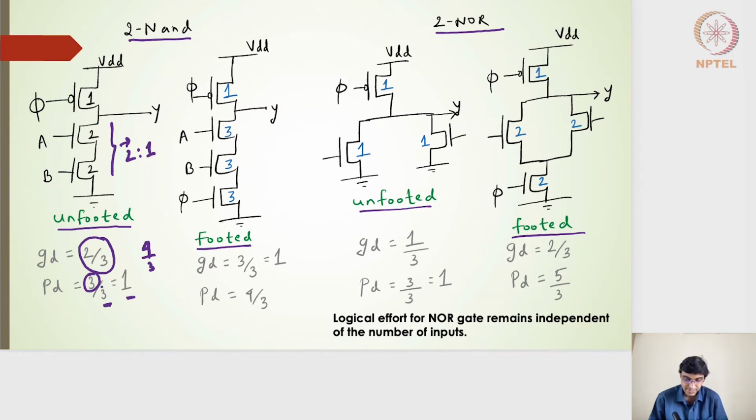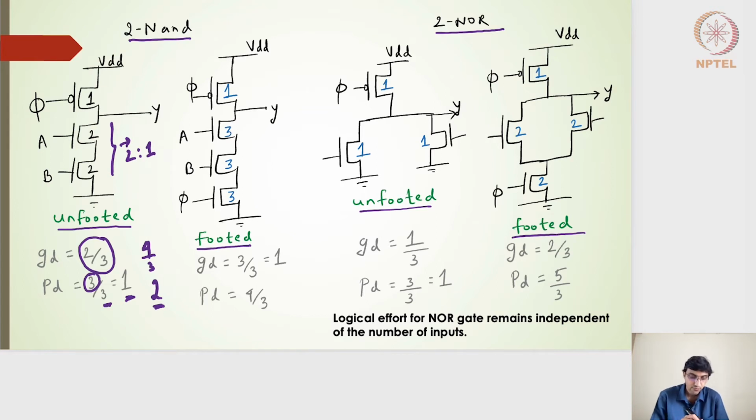And then the parasitics for the 2 input NAND gate was actually 2 in a regular CMOS structure. Here it is actually 1. So again, a very beneficial and much faster circuit. But there is a contention here, the unfooted one always has a probability of getting contention between the pull up and the pull down circuit.